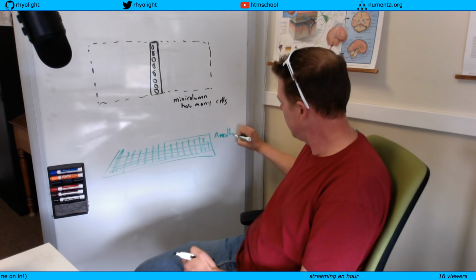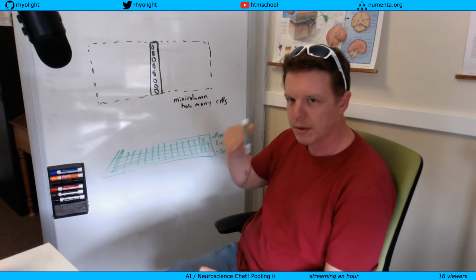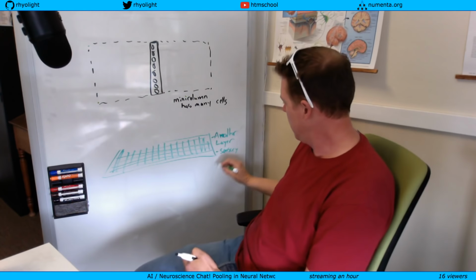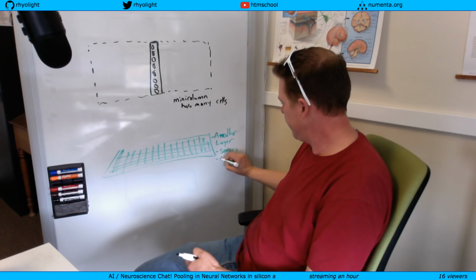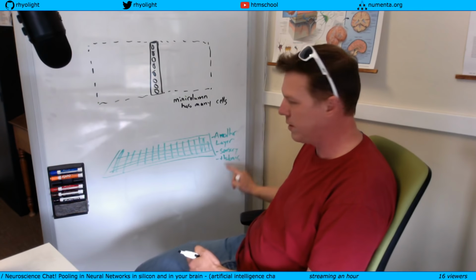It could be another layer, or it could be sensory input, like direct from the thalamus, or that's relayed through the thalamus. Or perhaps there's even olfactory, which goes straight into your cortex, so maybe direct sensory, maybe through the thalamus.